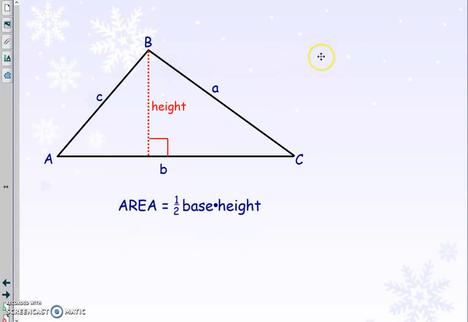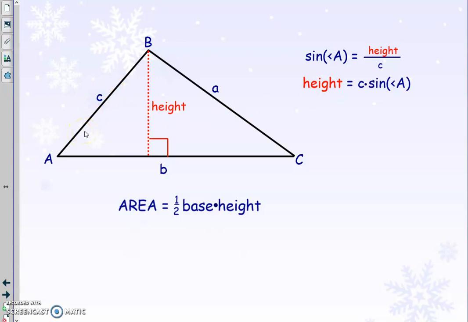So let's take a look at this scenario here. We know that the sine of angle A is equal to the opposite side over the hypotenuse. So in this case, the height over C. And so I can express the height of a triangle by rearranging this a little bit and saying it's simply C times the sine of A.